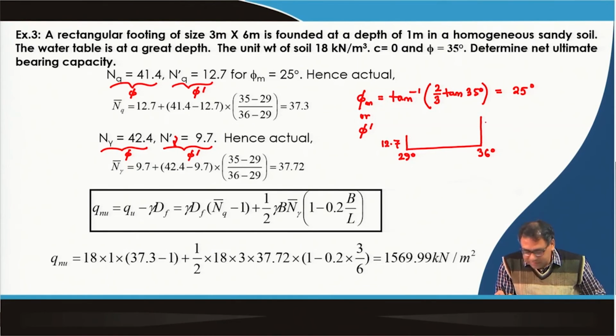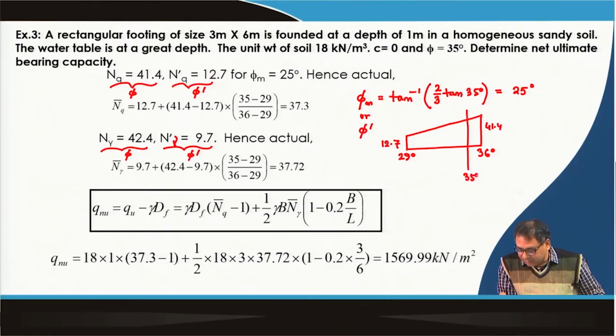So, now this is 41.4. Okay. Now, we have to linearly interpolate this value, and our case is here, which is 35 degree.